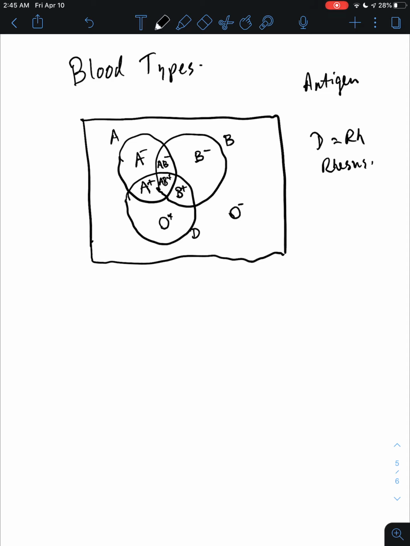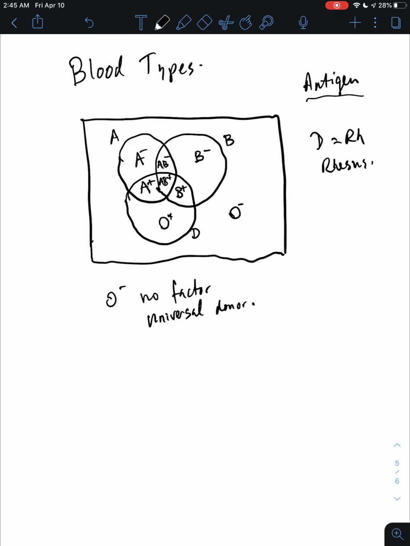So an O minus is someone who has none of the factors, no factor, and they're also known as universal donors. And the reason for that is that it's safe for anyone to get O negative blood because the O negative blood does not have any of these antigens that cause allergic reactions.